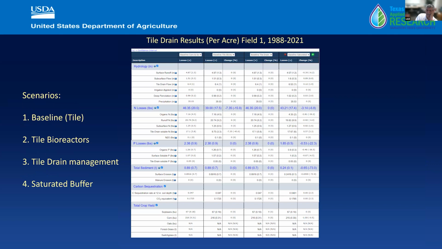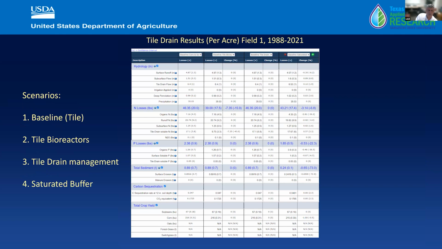And here is the drain that you did different simulation. Again, sometimes this is difficult to see. The graphic is going to help you, going to show you. But again, when you do the bioreactor, you're reducing about 16% of the nitrogen in this case.